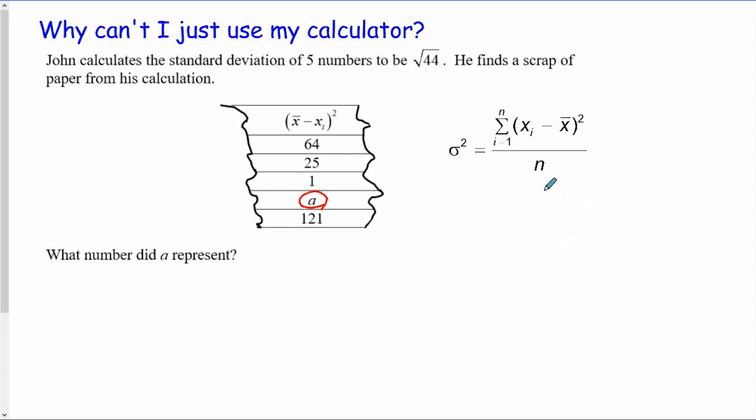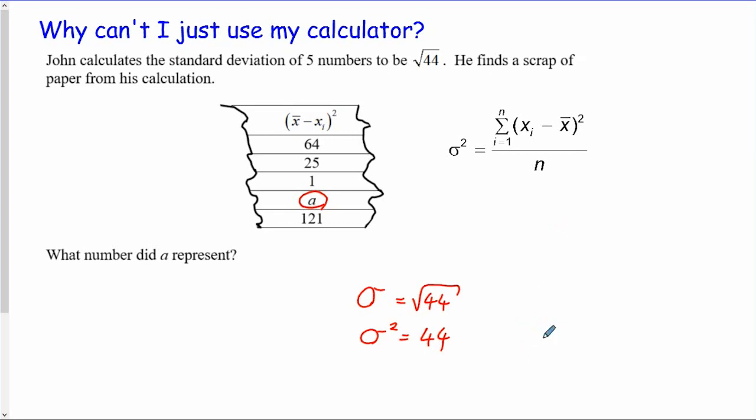So now remember, if the standard deviation is root 44, then obviously the variance, which is what the formula we get on the data sheet, the variance will be 44, right? Now there are 5 numbers.